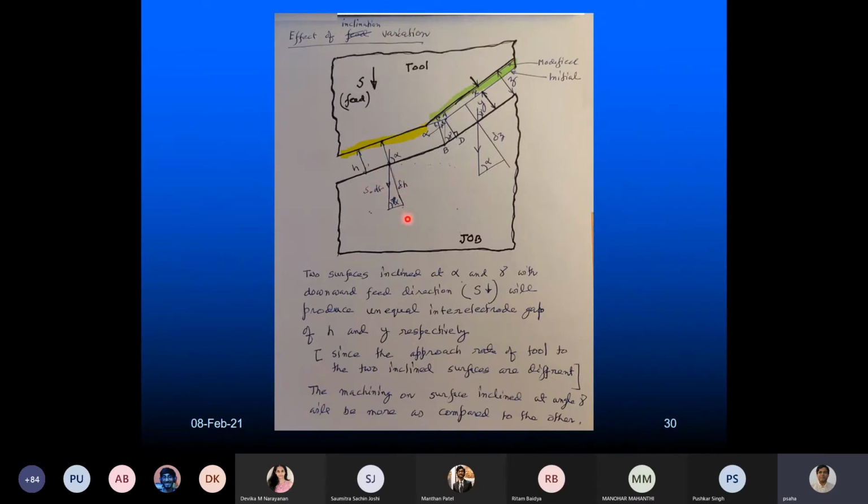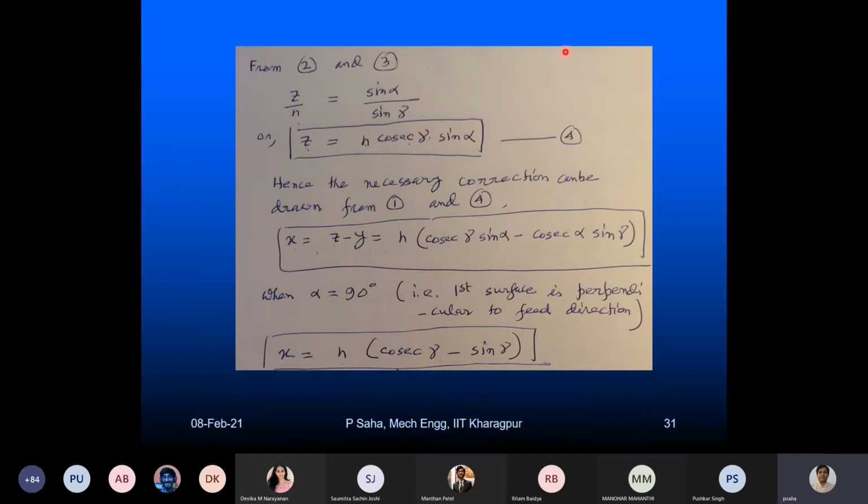So dh we can find in terms of alpha and this value S dt, and we can equate the two S dt values. From there we will be able to get this relationship. So we will see the z value. Z is coming, you just try doing this exercise, h into cosec gamma into sine alpha.